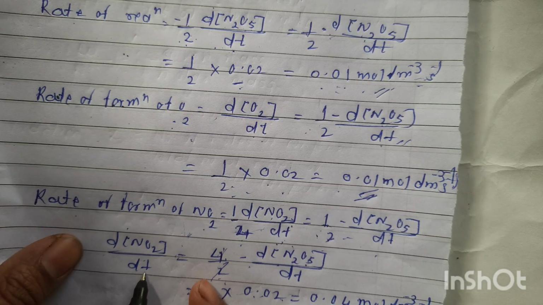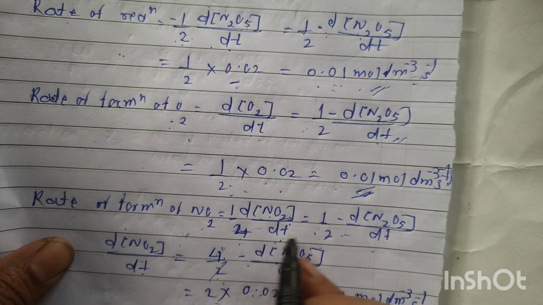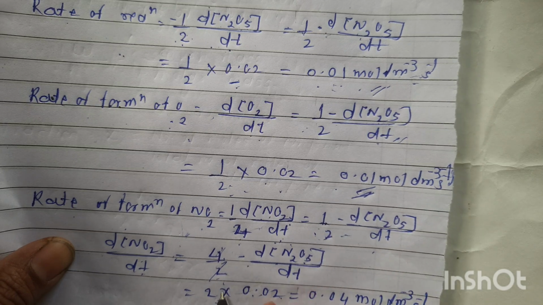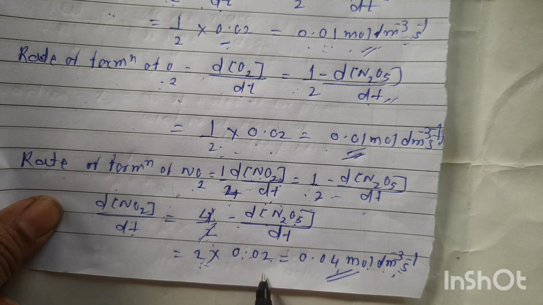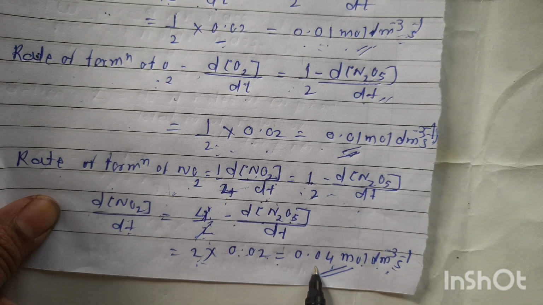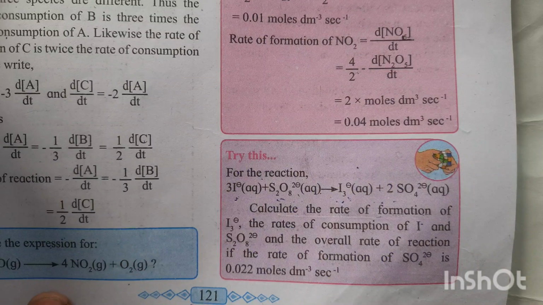Just make the rearrangement: dNO2 by dt, 4 will go on this side, and divided by 2, we get the answer 2 into 0.02, which is given, that is 0.04 moles per dm³ per second.